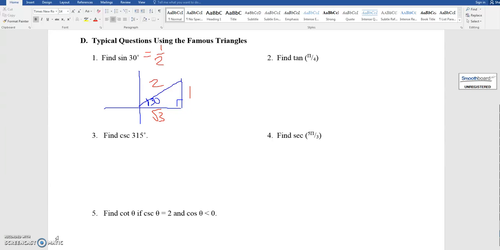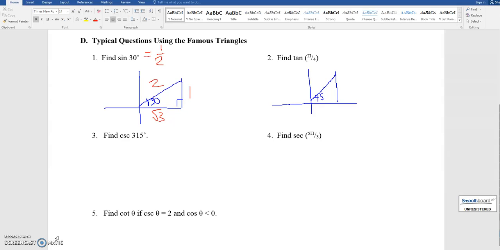Okay, we move over to the second question there. It says find tangent of pi over 4. Now remember, pi over 4, that's radians, same thing as 45 degrees. So we're going to go through the same sort of setup. We're going to think about where 45 degrees would fall on a coordinate plane. It'd be somewhere up here in the first quadrant. It doesn't quite matter where I stop here, but that's a 45, 45, 90 triangle.